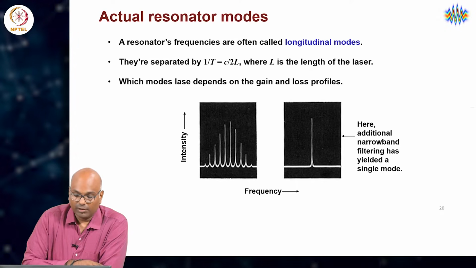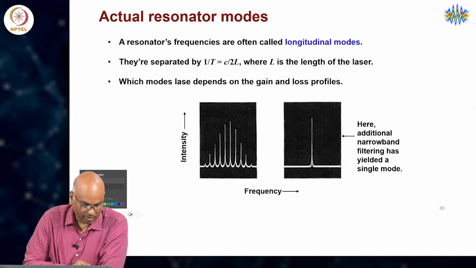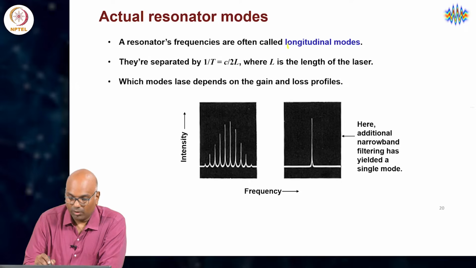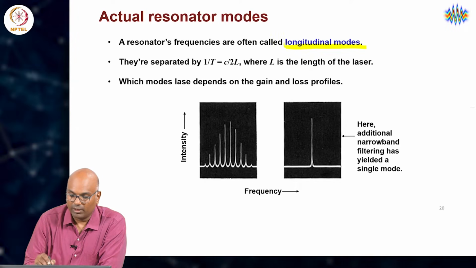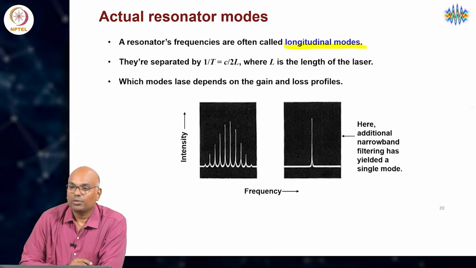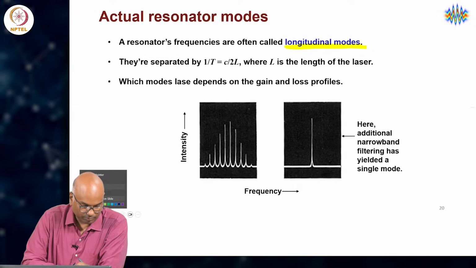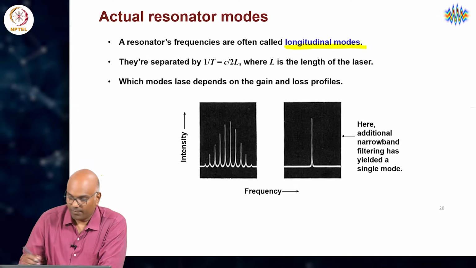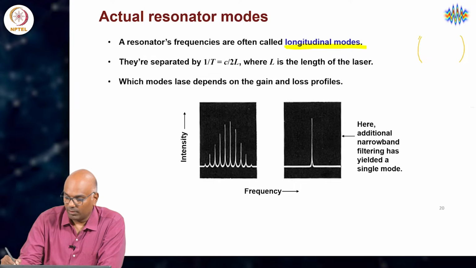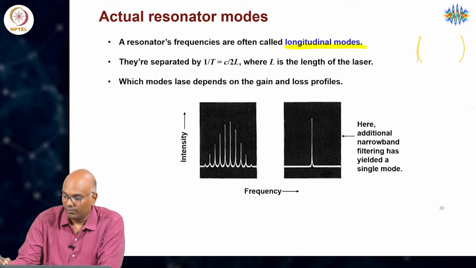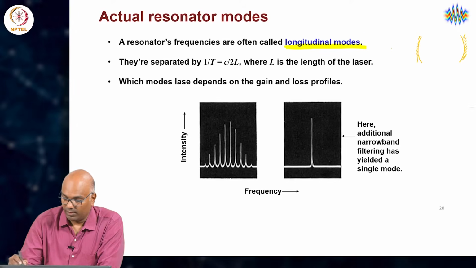resonator modes. Resonator frequencies, I have been using this term liberally already, are called its longitudinal modes, but I now introduce the adjective longitudinal to say that these are modes which correspond to, if we have a resonator, I am now forming a different type of resonator which has two curved mirrors.